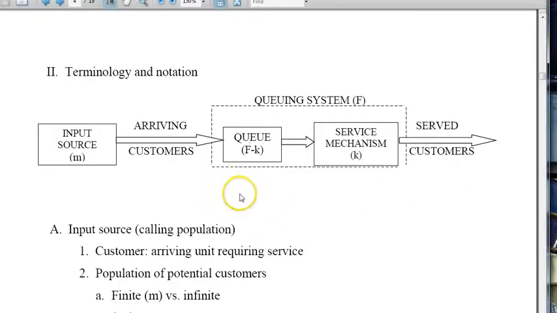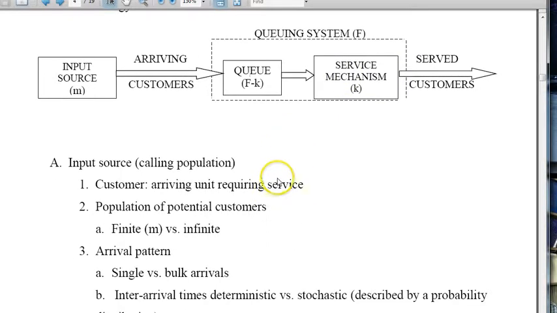So to identify a queuing system, we need to identify the input source or the population. We need to identify the queue and the service mechanism. Okay. So the input source, I'm going to talk about each one of them briefly. The customer. This is the arriving unit requiring service.